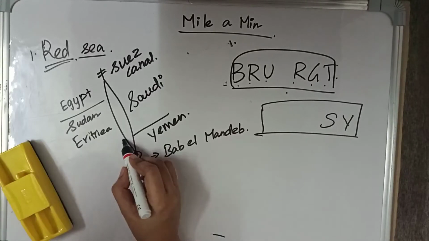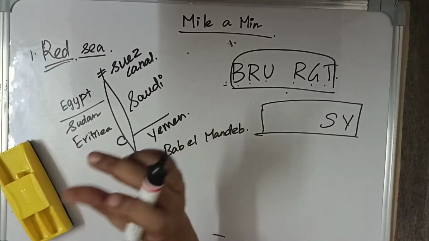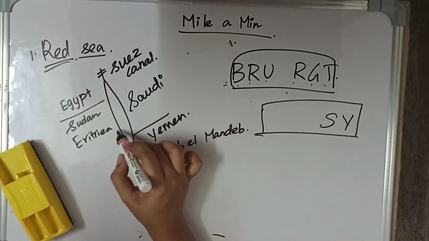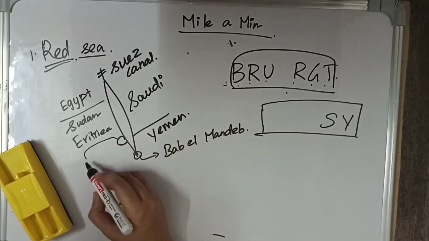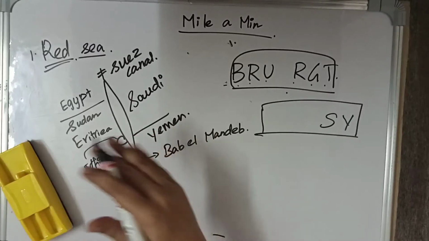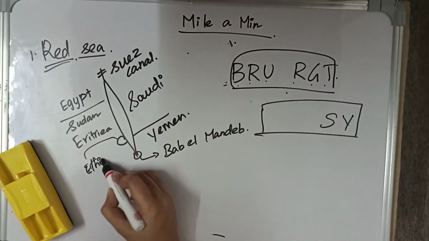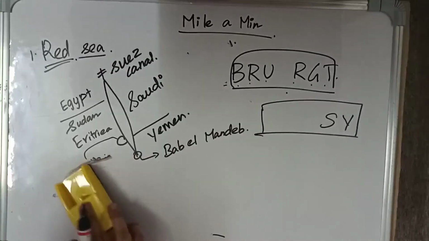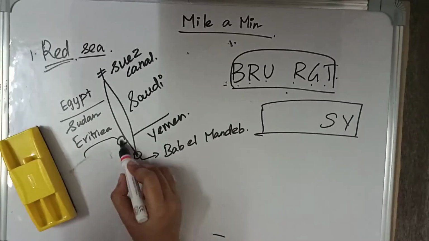Then we have Djibouti. Actually Djibouti will be like this. It is a small country, and in this region we will be having Ethiopia. But Ethiopia does not share a coastline with Red Sea, so we don't need this now. So this is Djibouti.